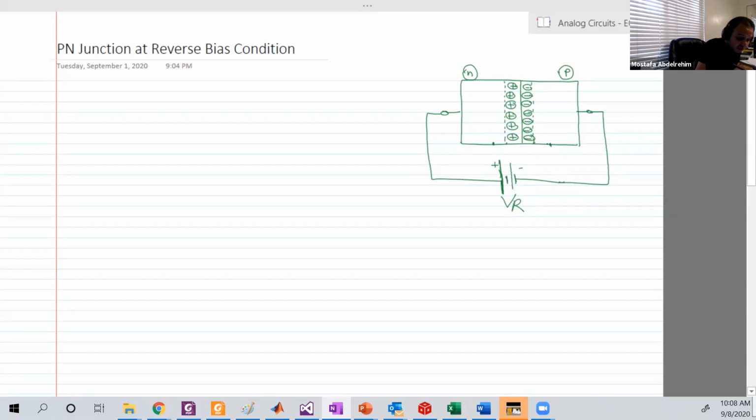And why is that? Because there is a majority of electrons here, and there is a positive terminal here, so some electrons will move toward the positive terminal of the battery and be absorbed there. For each electron that leaves the N type, a positive ion will be created, so more positive ions will be created.